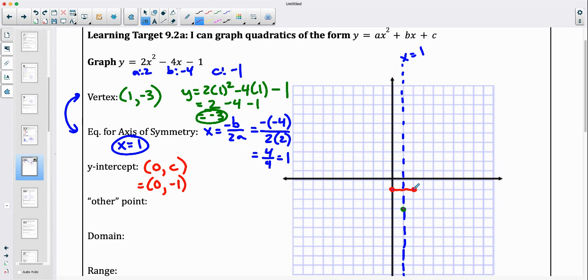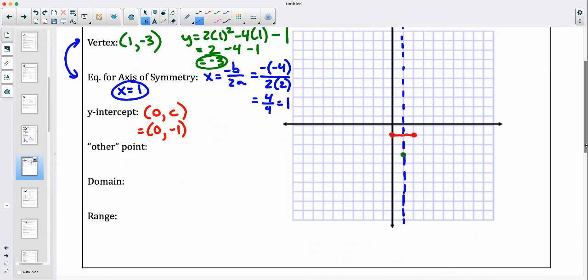So what I would maybe try for this one is to plug in 3. And then the y value is whatever we get out when we plug in 3. Since I already have a 0 and a 1 and a 2, I'm just picking the next number. So y equals 2 times 3 squared minus 4 times 3 minus 1. We have to do exponents first.